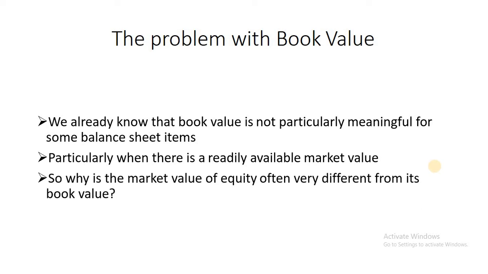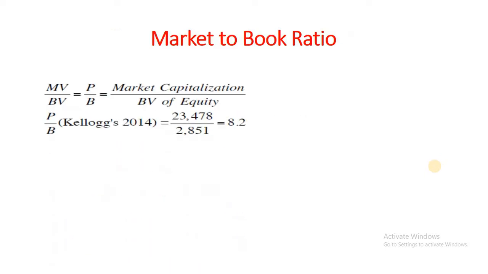Now the question is, why is the market value of equity often very different from its book value? Let's look at an example. Here is an example of market to book ratio of Kellogg's. If we look at the result, we can see that market to book ratio of Kellogg's is 8.2. The result says that Kellogg's market value of equity is 8.2 times more than its book value of equity.